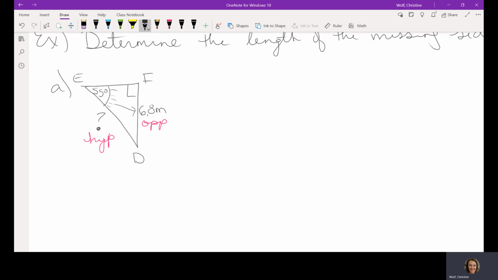Okay, so we know that our formula for sine is always sine of the angle, so I'm going to write angle E here, and then it's opposite over hypotenuse. That's the formula, and now we plug in the two values that we know. It just so happens here that one of the values we know is angle E, so I'm going to replace angle E with that 55.